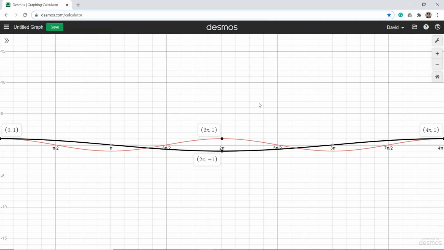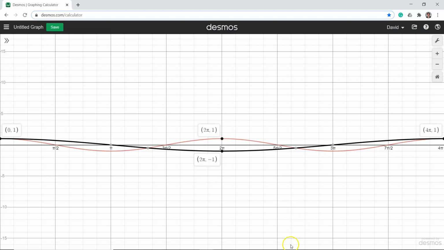So by having our input x over 2, we increase the period by a factor of 2. Okay. So this may seem a little tricky or counterintuitive, but it's just because if our input on our purple graph is 2 pi, well, that 2 pi gets multiplied by 1 over 2 before you evaluate it.